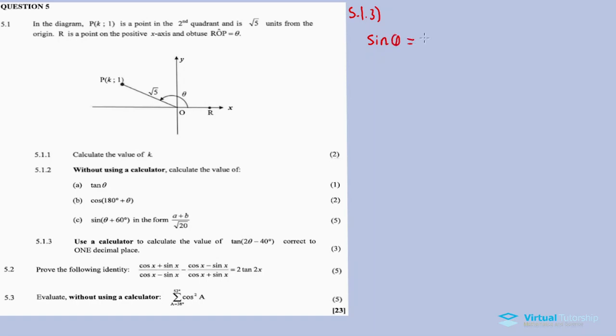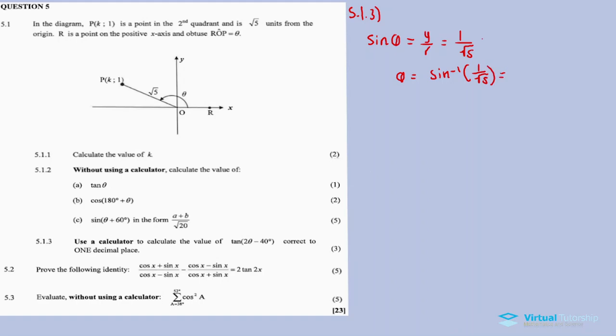Sine theta, the ratio sine, so it's going to be y over r, which is equal to, we are using the sketch again to calculate theta, then you plug into this expression, then in total value to correct to 1 decimal place. Alright, y is 1, r is square root 5, so therefore theta is equal to arc sine of 1 over the square root of 5.